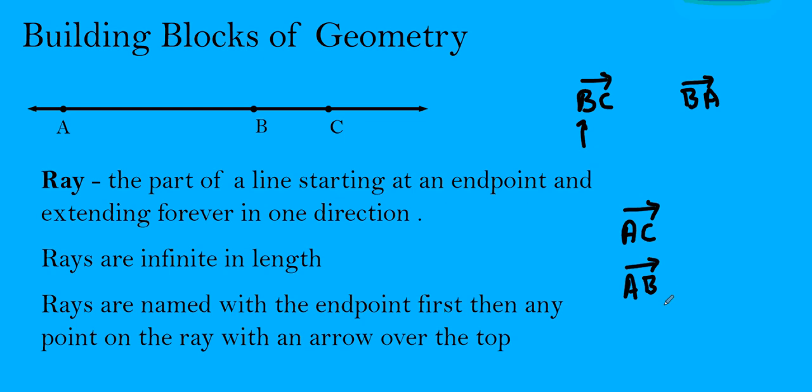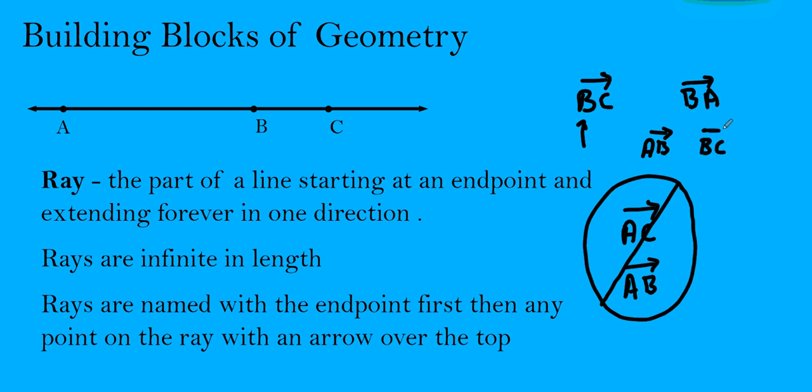We're just using a different second letter to determine that direction. So if the question you're asked is, name me 3 distinct rays, these would not be distinct. They'd be the same. But BC and BA are, AB and BC are, those are distinct rays. Those are different rays. They're not the same.